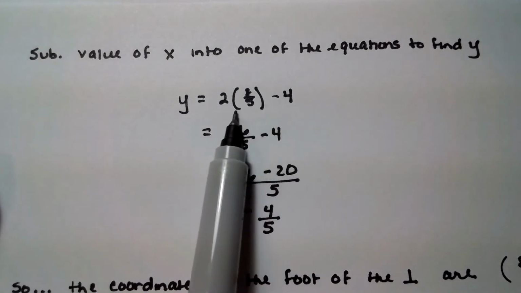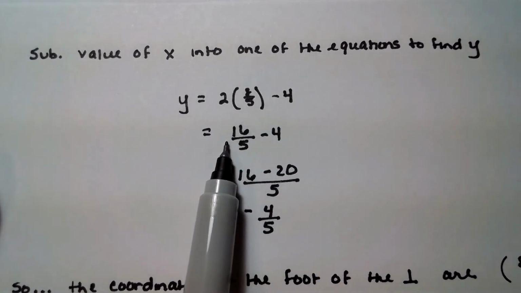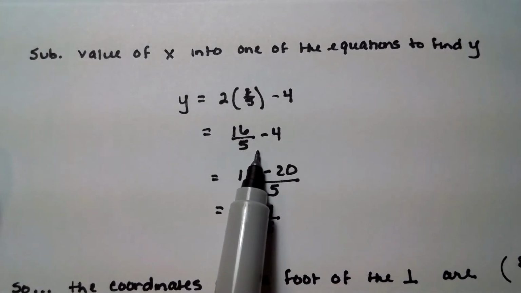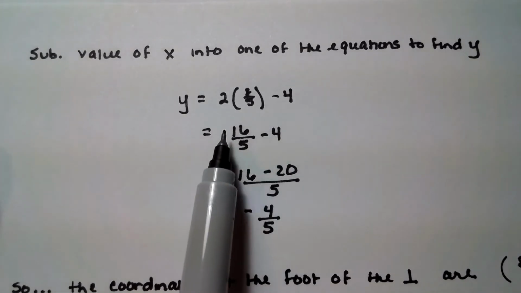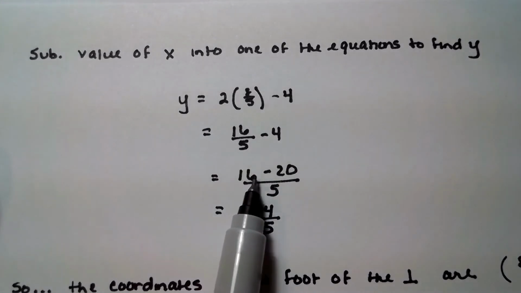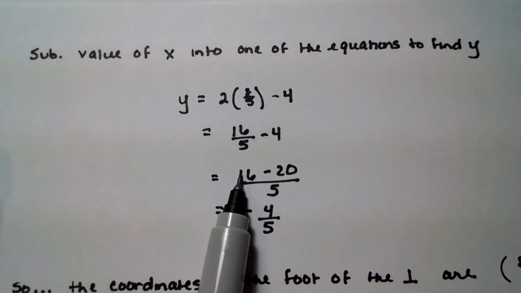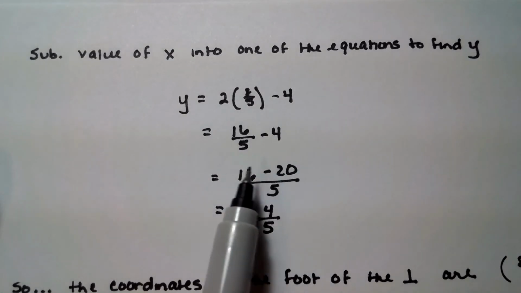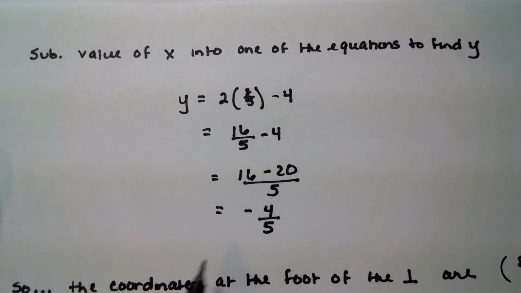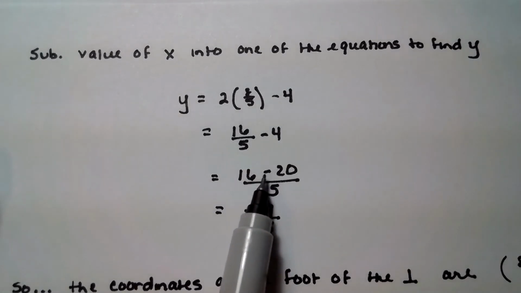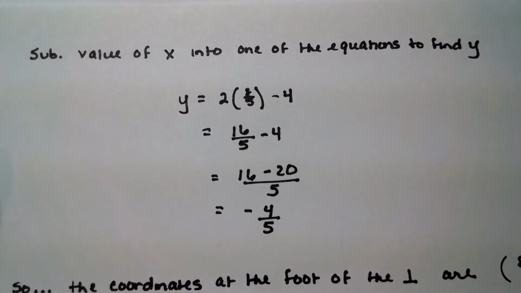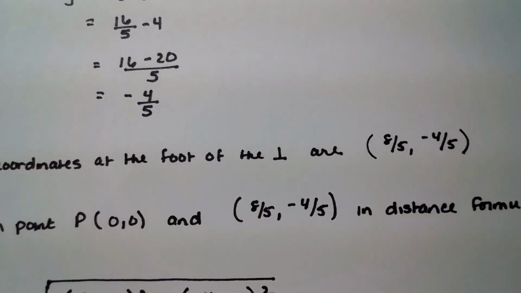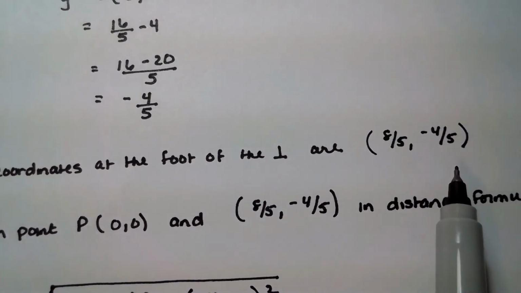And now I've got to create one number here, right? So anyway, I just did 5 times negative 4 is negative 20. That's a positive 16. The signs are different. We subtract and use the sign of the bigger number. So 20 minus 16 is 4, back over the common denominator, and the bigger number is negative, so my result is negative. Okay, so the coordinates at the foot of that perpendicular are 8/5, negative 4/5.